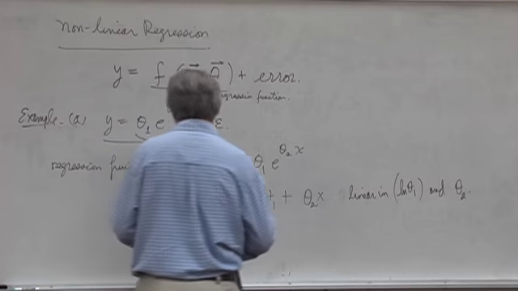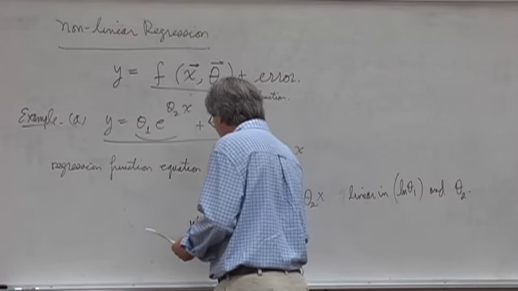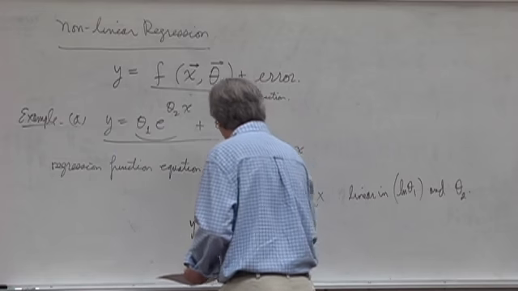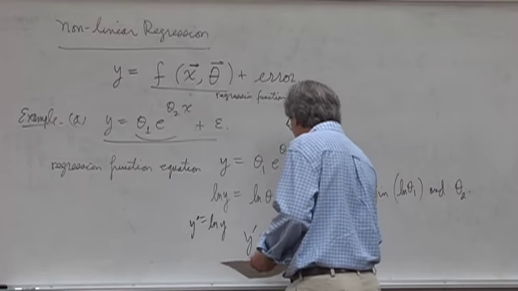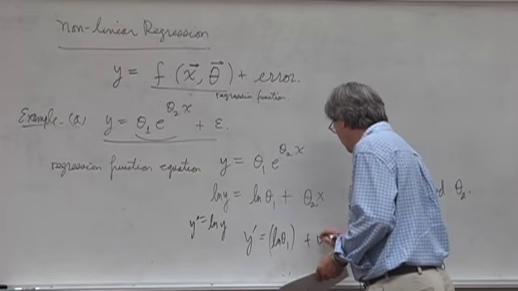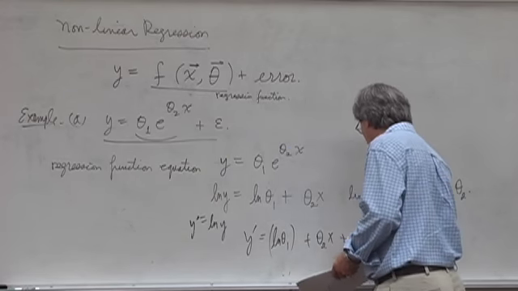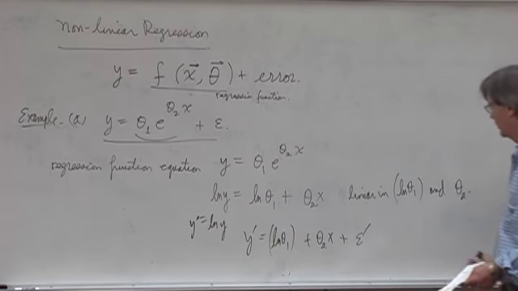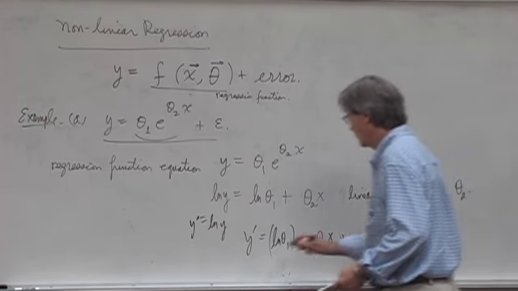So if I put y prime equals log y, then y prime equals log theta 1, I won't give it a new name, that parameter, plus theta 2x plus error prime is a new model. But error prime now, then I get this, all right?